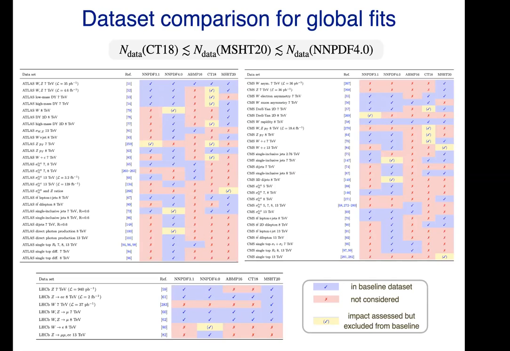Why don't you use phi-star measurements? You use Z pT, W pT, etc. But why not phi-star? Yes, that's a good question. First, we cannot include Z pT and phi-star at the same time because that would be double counting. But in general, the problem is that the data with phi-star is extremely precise. And if you try to produce a chi-square with NNLO QCD, you get a very poor result.